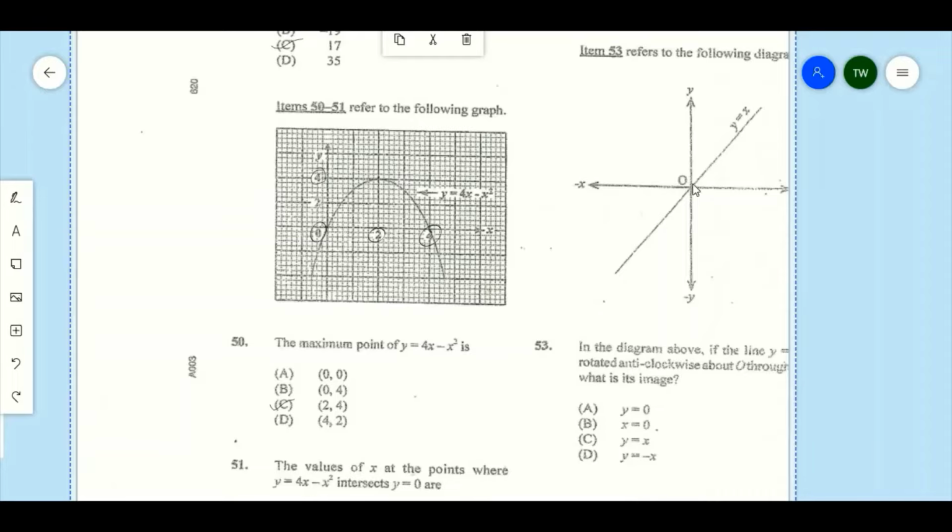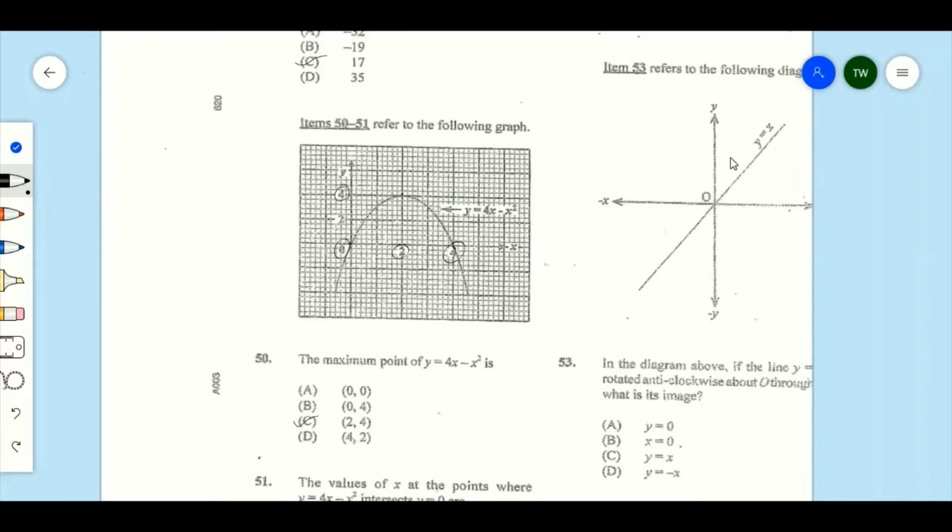So if you rotate this 90 degrees, it's going to be a line somewhere over here. So when you rotate the line y equals x 90 degrees, it's going to be somewhere over here. And that line would represent y equals minus x. So the option for 53 is going to be D. All right.